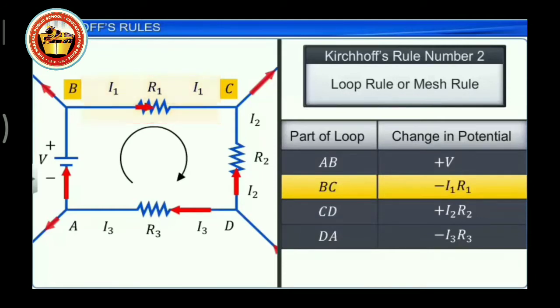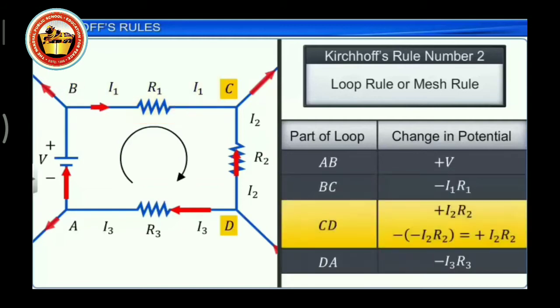For CD we take plus I2 R2. Coming to DA, our assumed direction is clockwise and the current direction is the same, so you have to take negative. These are the sign conventions of the loop rule.